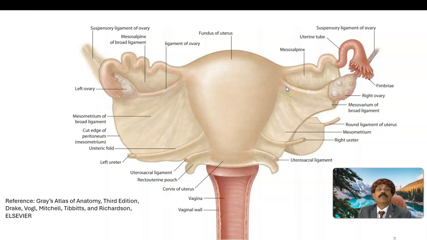And we have the ligament of the ovary, and this is the suspensory ligament of the ovary. So, this is the right ovary. This is the left ovary.